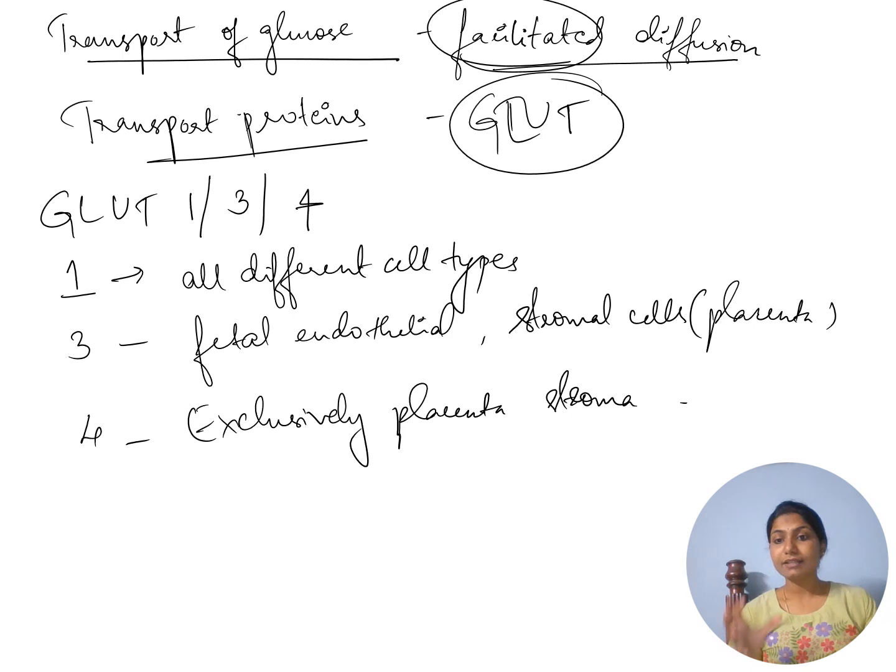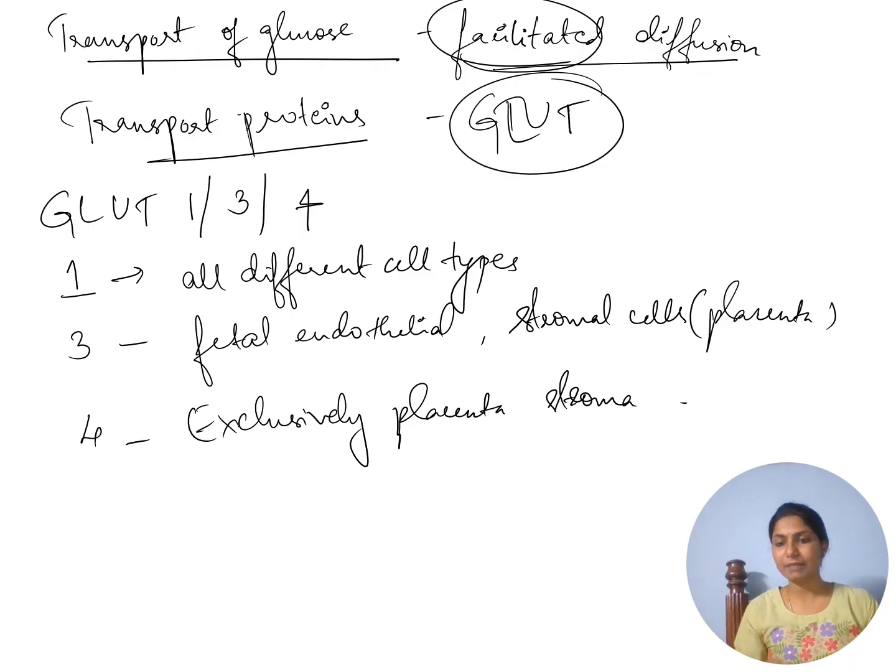So that is why this is unlimited. If the mother's stores are high, this will be transferred to the baby. If they are low, it will not be transferred. That is why this is unregulated and unlimited, and that is a little problematic to the fetus. Because if there were a regulation, irrespective of the amount of glucose present in the mother, only this much glucose would be transferred.